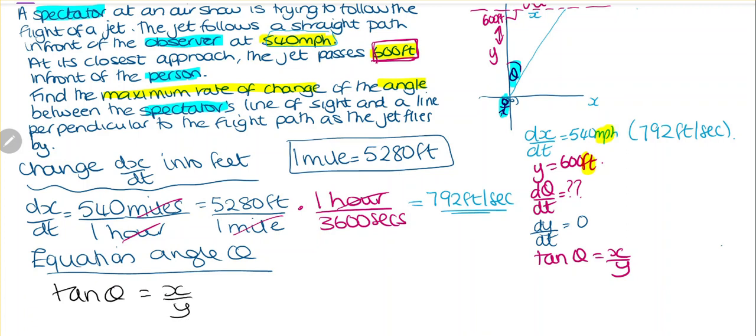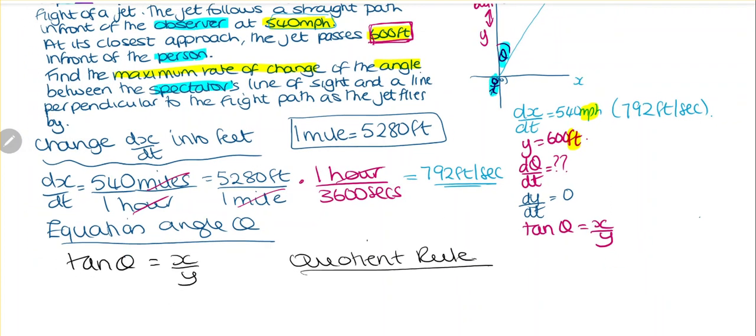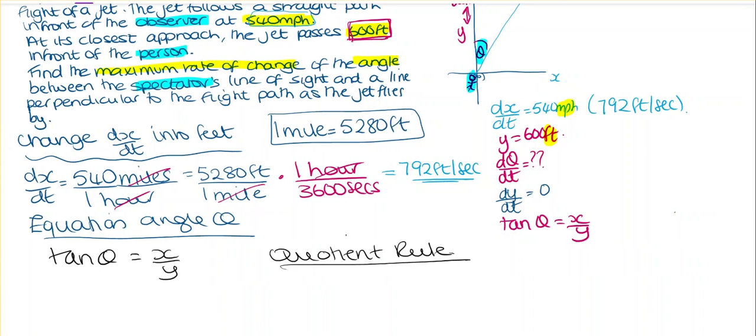Now, to differentiate this, because we have x divided by y, we are going to use the quotient rule. You could put y to the minus 1 and use the chain rule if you prefer, but I'm going to use the quotient rule. So tangent of theta is going to be secant squared theta, but we have to use implicit differentiation. So this is d theta by dt.